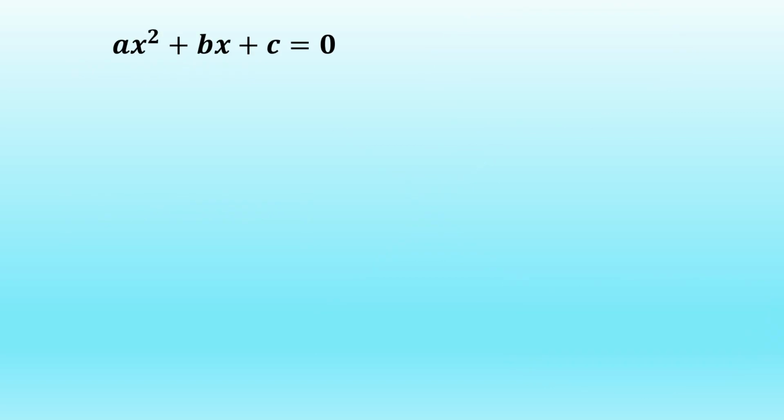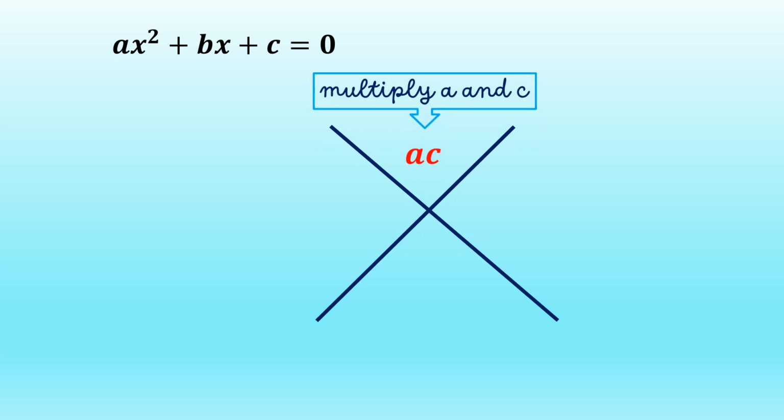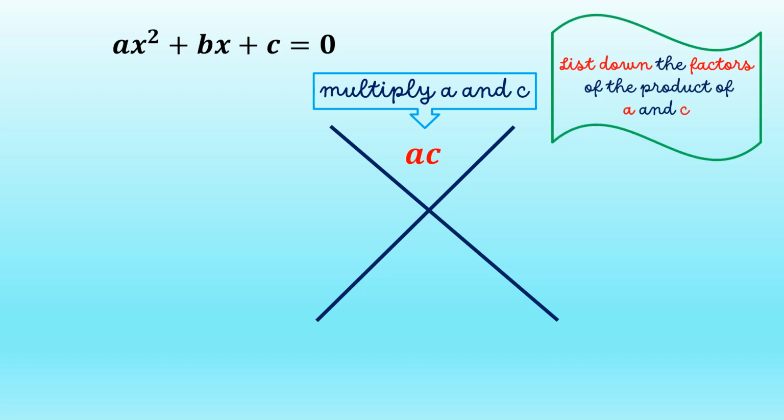Given the quadratic equation ax squared plus bx plus c equal to 0, we use the X factor to find its factors. So we have our X. On the upper portion, we multiply a and c and write their product here. After that, list down the factors of the product of a and c.